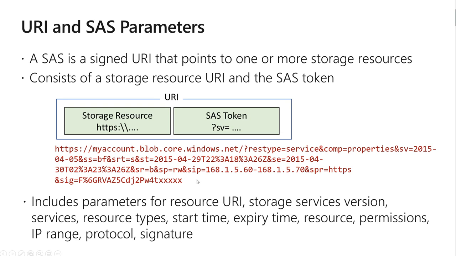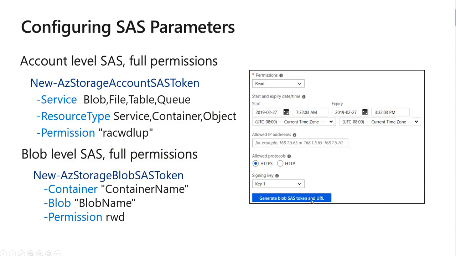That's the URI of the token you generate after you click the generate button.